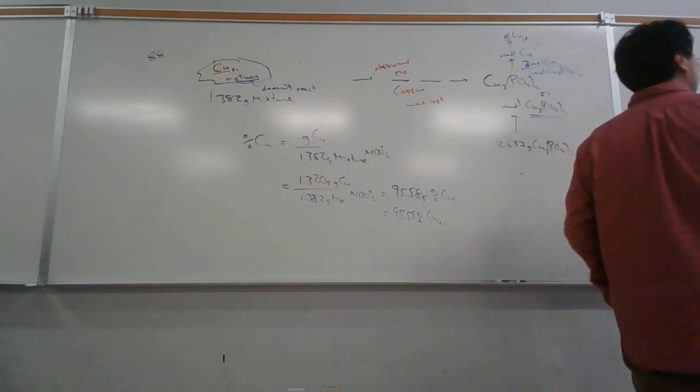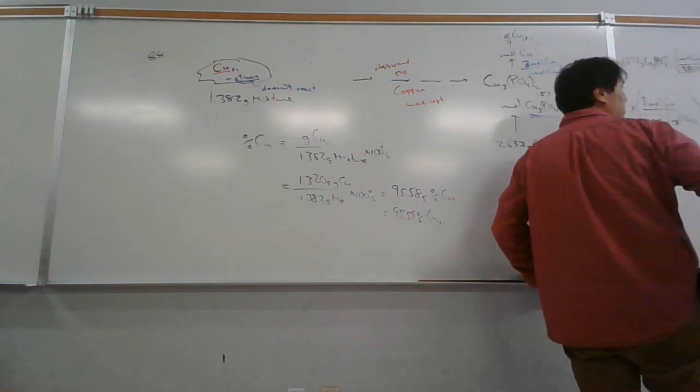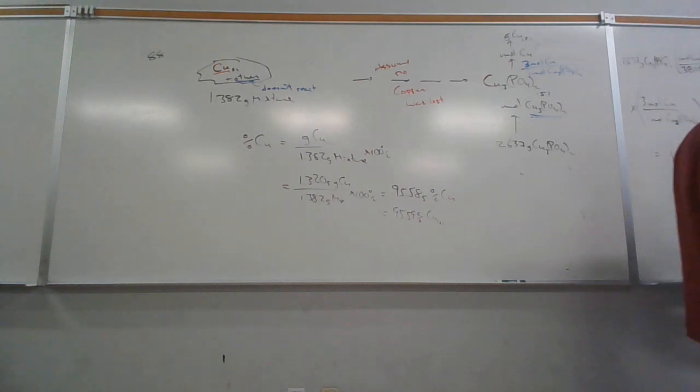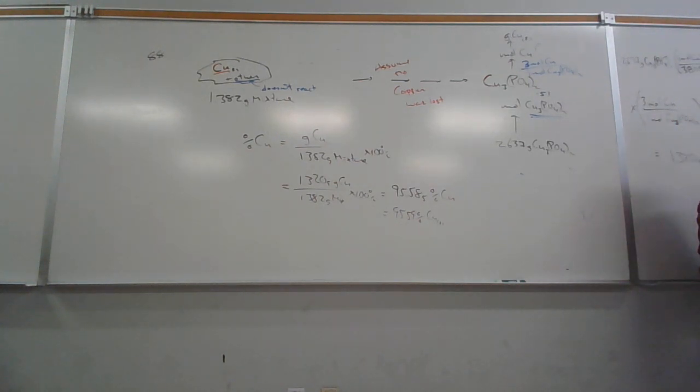Here are some of the chemicals that we found in this chapter. Can you name these? Magnesium hydroxide, yeah. Magnesium is fixed charge. We don't need Roman numerals for that. We know these. What's this one?